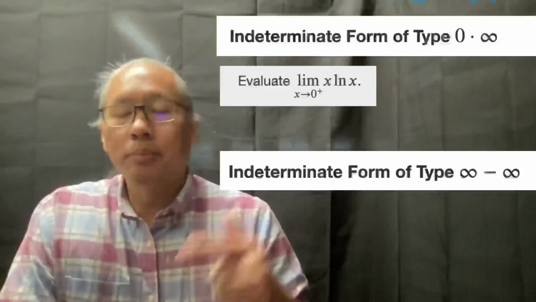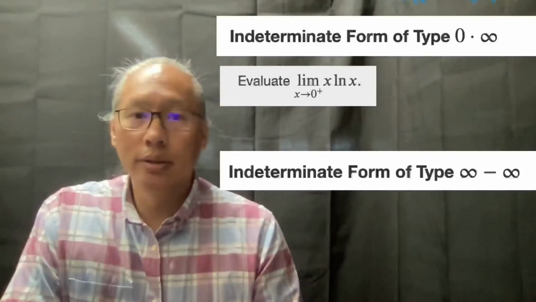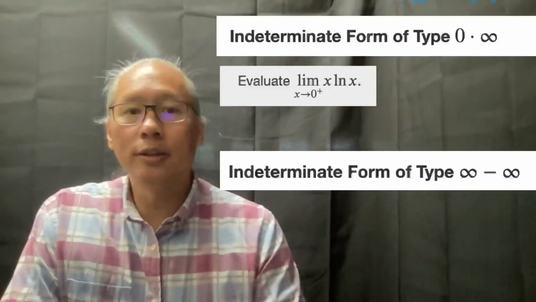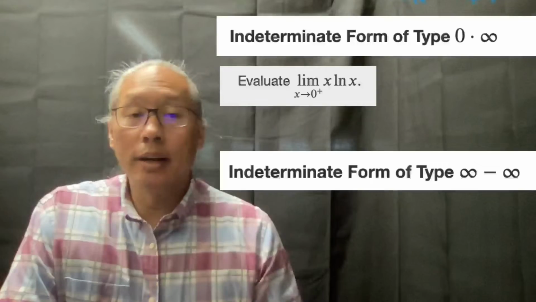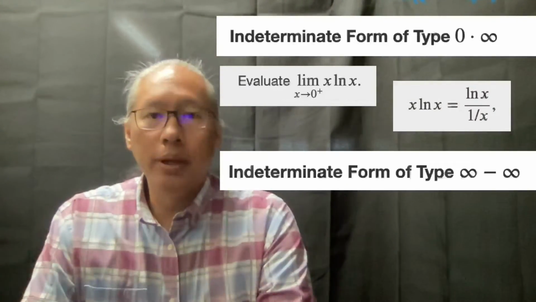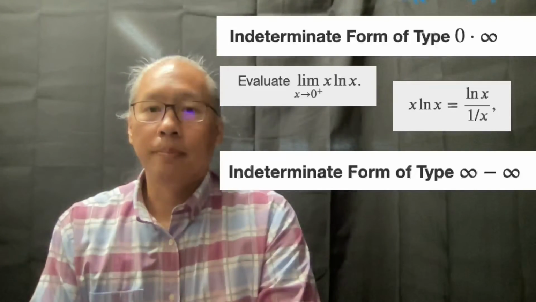But before you get to apply L'Hopital's Rule, you have to write it as a fraction. So for example, if you have x ln x as x goes to 0, this is going to be 0 times infinity. To deal with this, you want to rewrite it into a fraction.